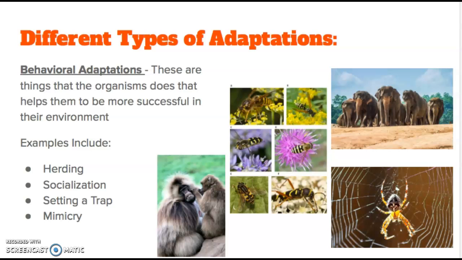I'm trying to think, like a lot of your grazing animals like zebras and gazelles, they all stay in a herd, or sheep or even cattle. It gives them advantages to protect each other.